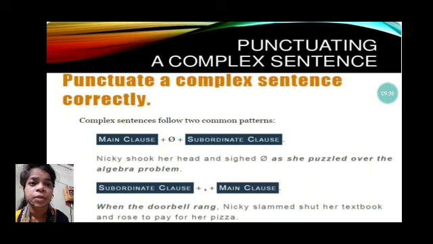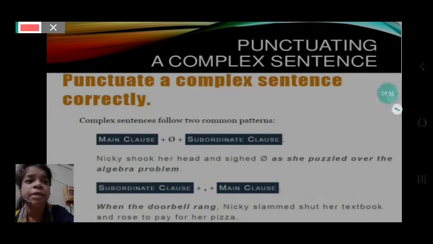Now, if you remember, when I was teaching you clauses, I told you that whenever you join any main clause and subordinate clause, you need to follow a pattern. The same pattern is given here. If you put the main clause at the first position and the subordinate clause at the second position, you don't need any punctuation.